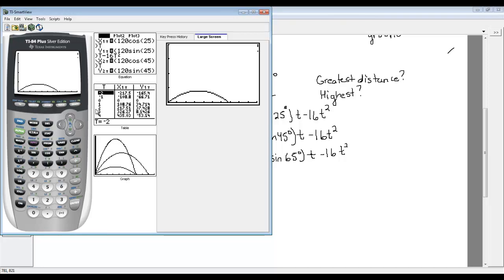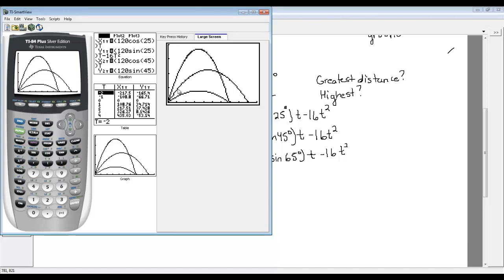Alright, so there was golf ball 1. Let's see what its path looks like. There's golf ball 2. And then there's golf ball 3. Okay, very interesting. They all were hit at the same velocity, so same initial speed. Golf ball 1 at the lower angle of 25 degrees stays low, lands here.